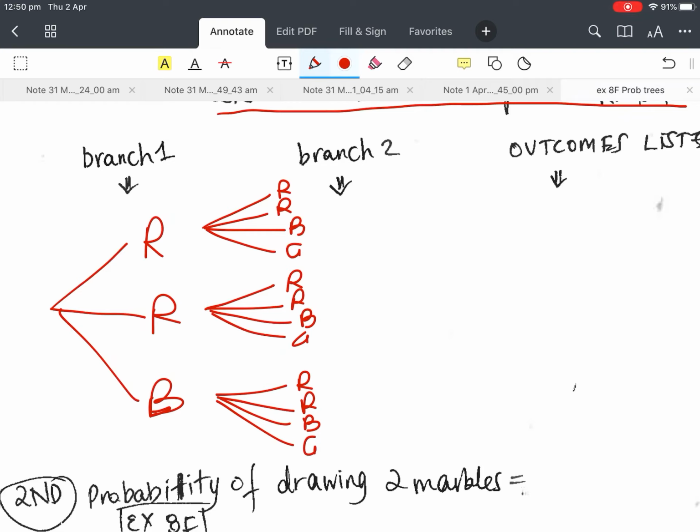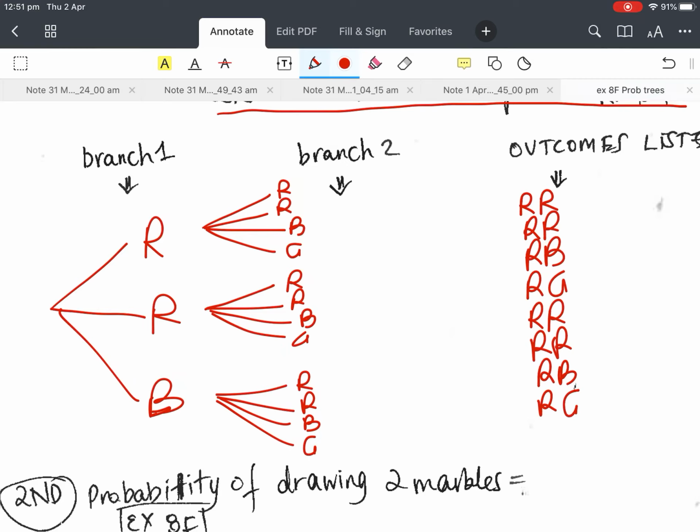Outcomes listed, I'm going to follow each of those branches. So the top branch I've got RR, then I've got RR again, then I've got RB, then I've got RG. From the second of the first branches I've got RR, RR, RB, RG.